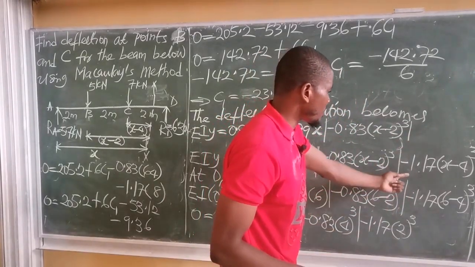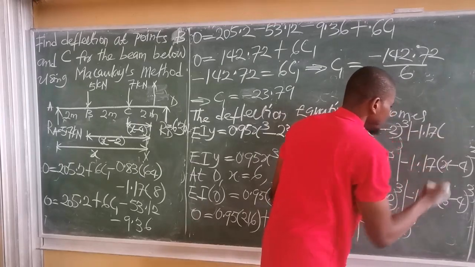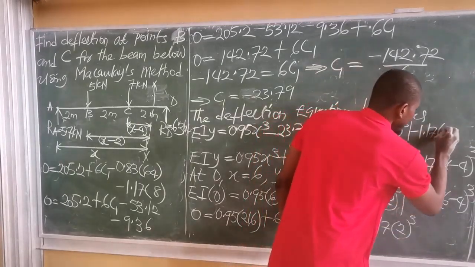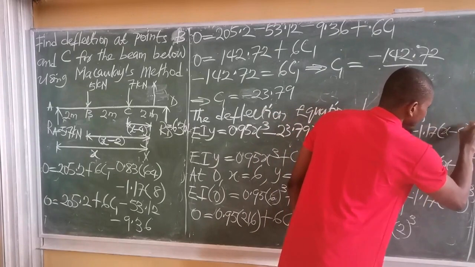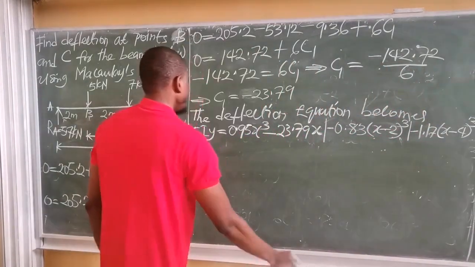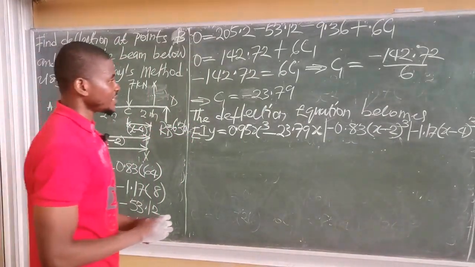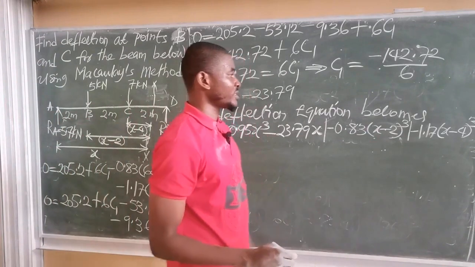Next we have minus 1.17 into x minus 4 all cubed. So this becomes the real deflection equation.